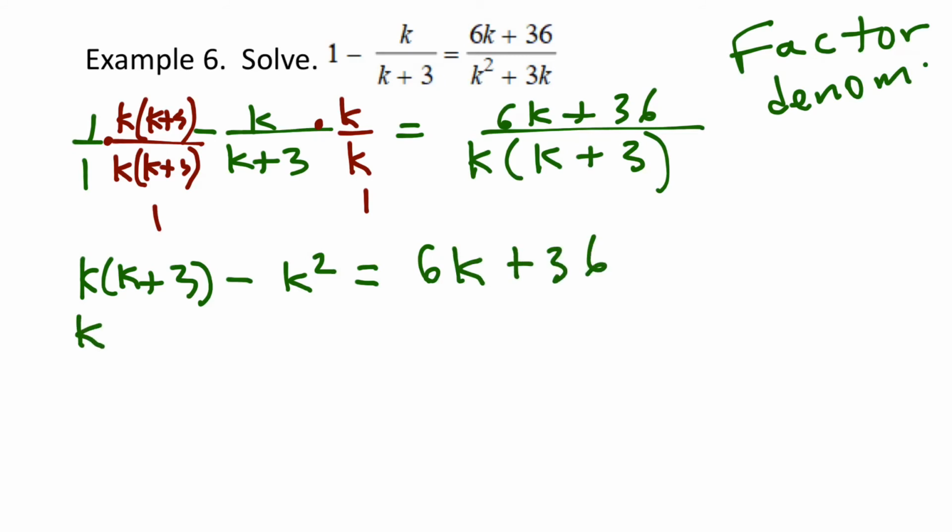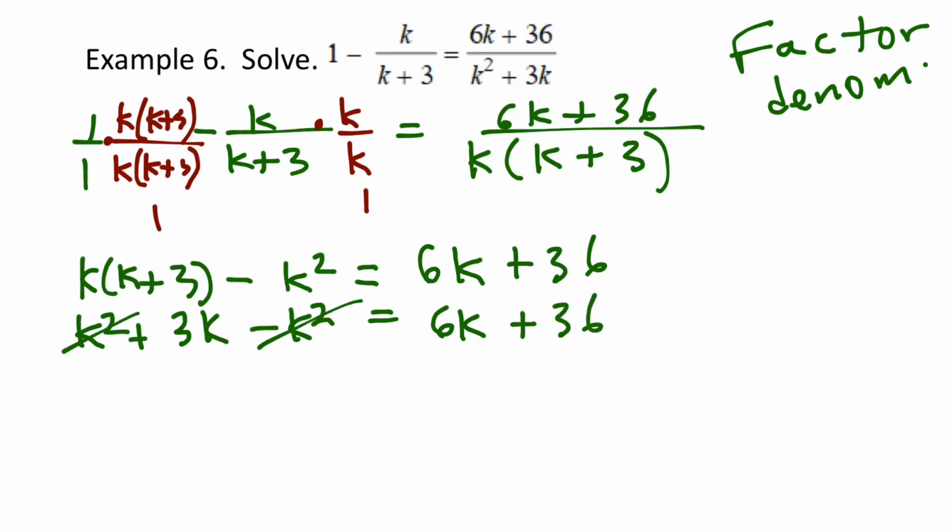So that's k squared plus 3k minus k squared is 6k plus 36. These will cancel. So 3k is equal to 6k plus 36.